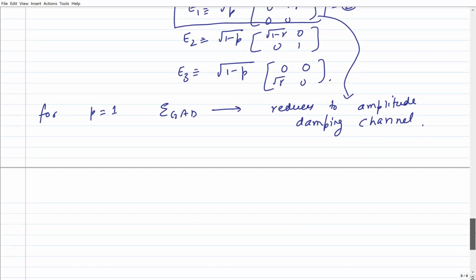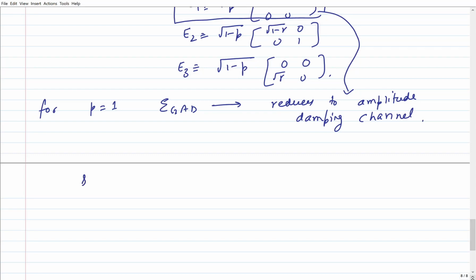So what are the set of stationary states for this?